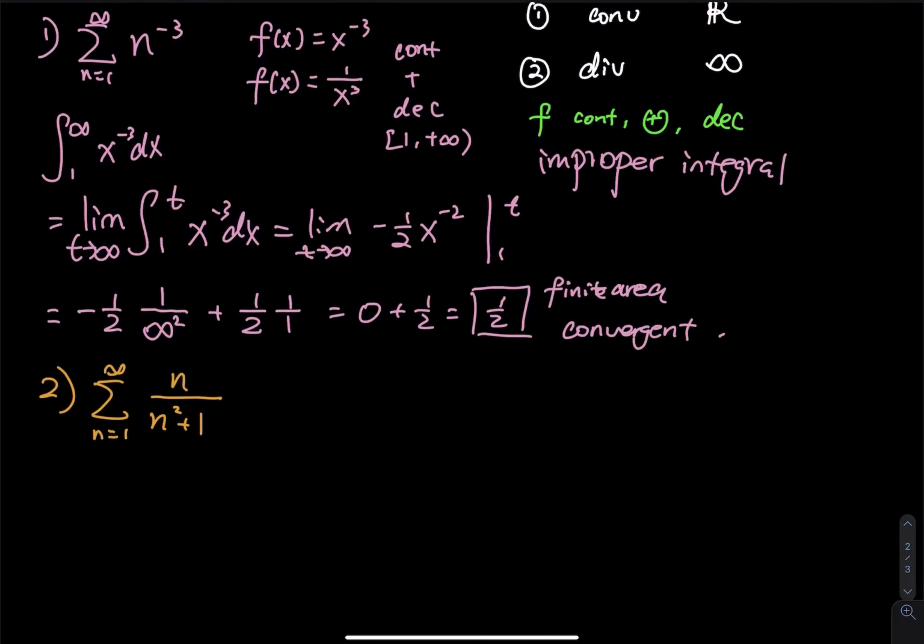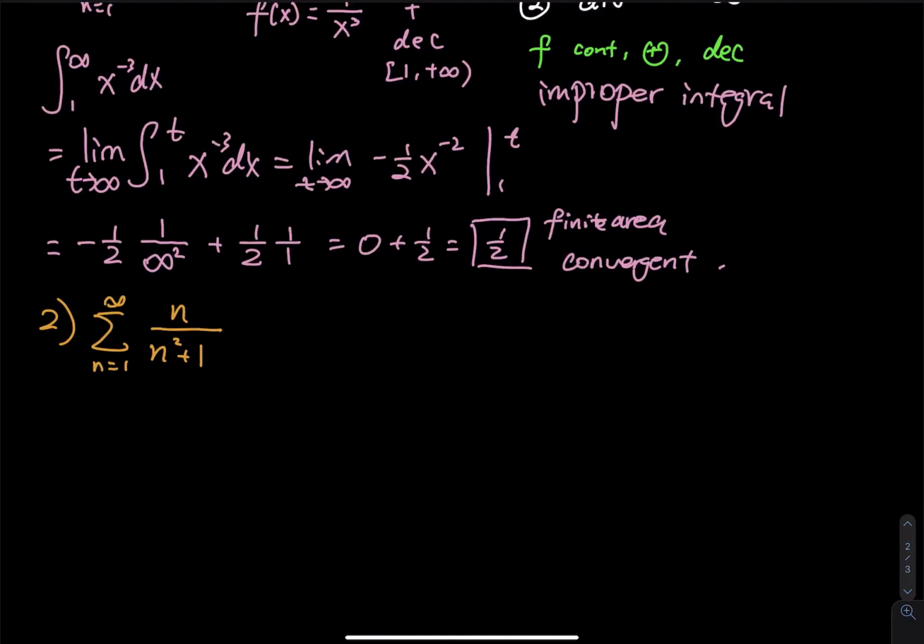What is the function? The function is f of x equals x divided by x squared plus 1. The denominator is greater than the numerator, so this must be a decreasing function, right? It's decreasing, and it's positive, so it's always above the x-axis. And it's continuous. Why is that? There is a denominator, but x squared plus 1 is never equal to 0.